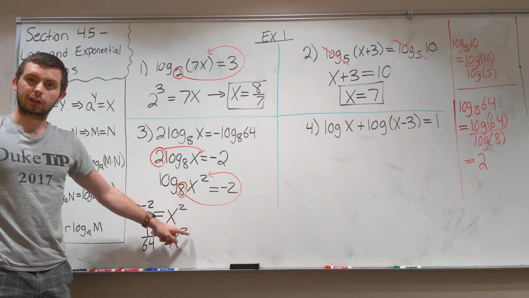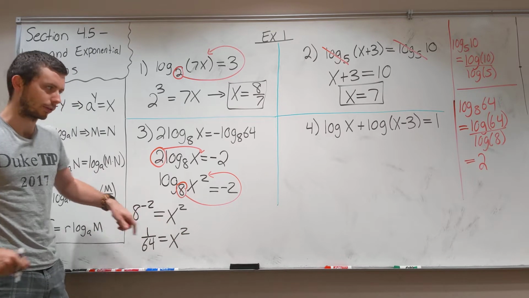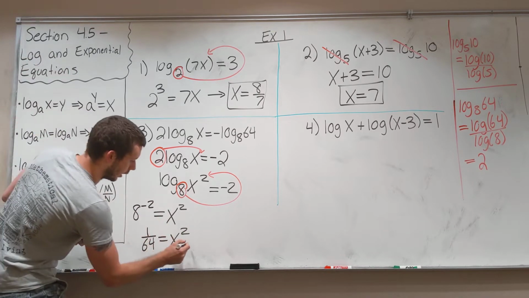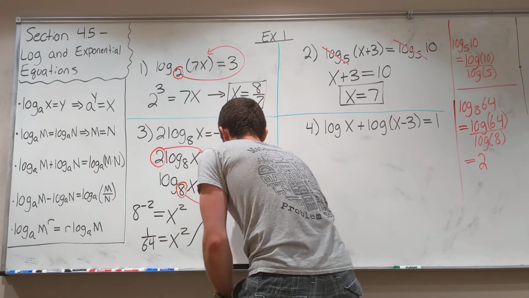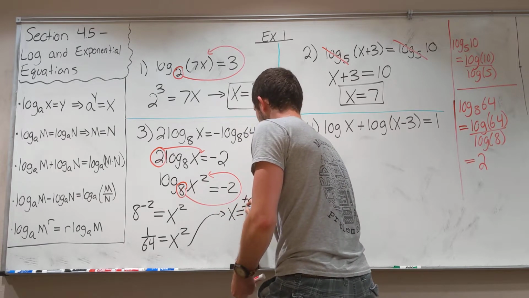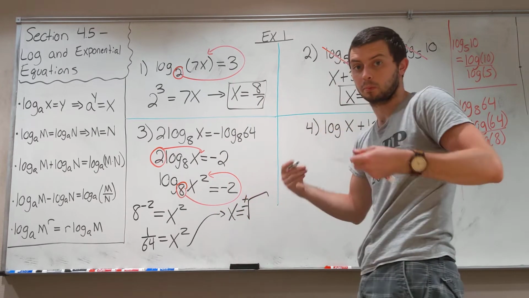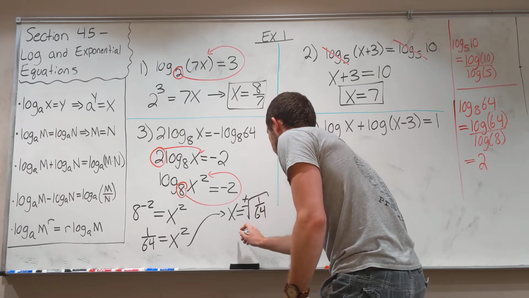So now we just have to get x by itself. And the way we get x by itself, we square root both sides. So we'll go ahead and square root both sides to give us x is equal to, well, plus or minus the square root. Remember, plus or minus the square root of 1 over 64.